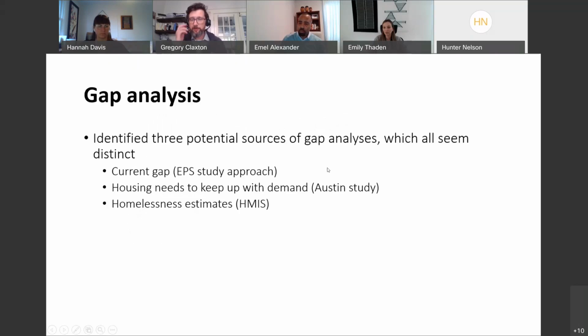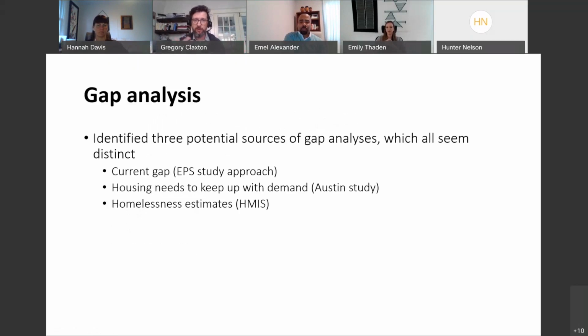So we've talked about the gap analysis before, primarily about a study that EPS did a few years ago where they looked at, on the owner and renter side, what the current gap is between the income that households earn versus the rents and market price of homes, talking about it as a snapshot in time.